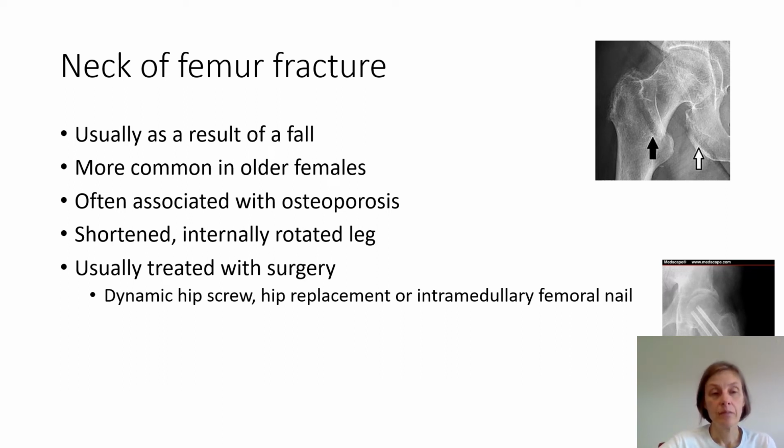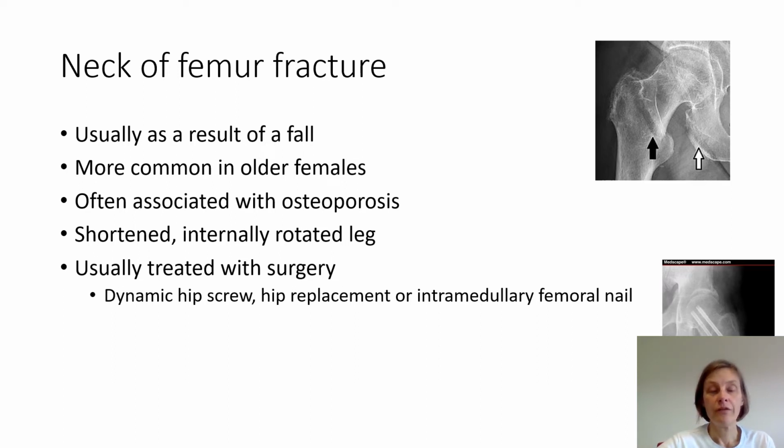The next condition that we're particularly interested in is a neck of femur fracture. These are quite common, particularly in older women, and are often associated with osteoporosis. So the fracture occurs often as a result of a fall when the bone is not strong, it's brittle and fractures much more easily.